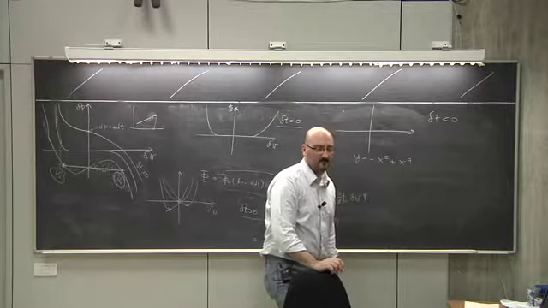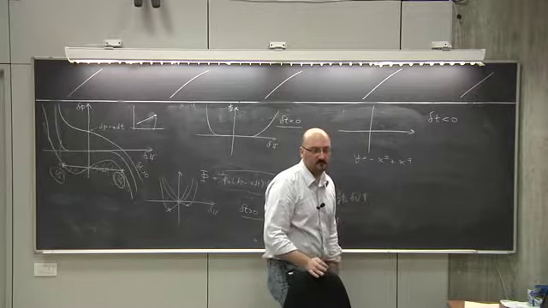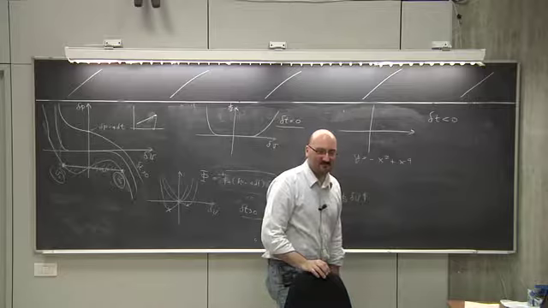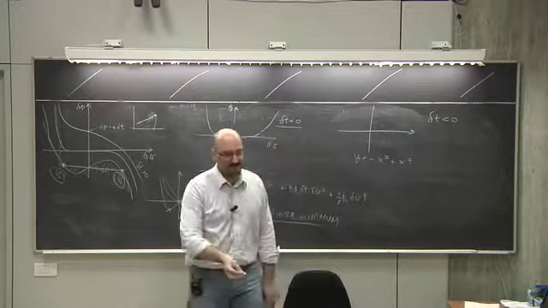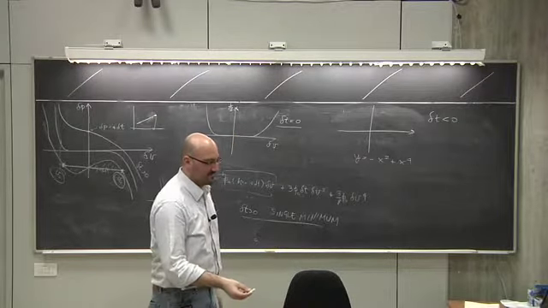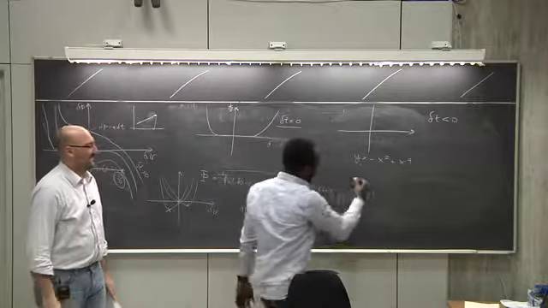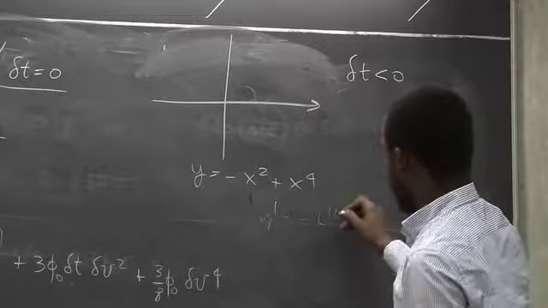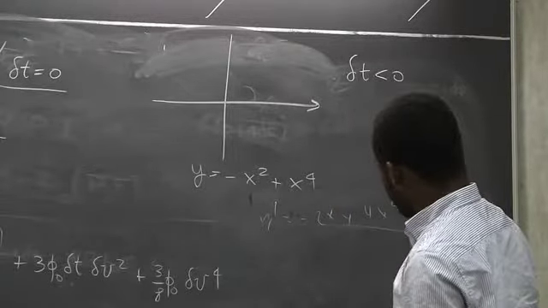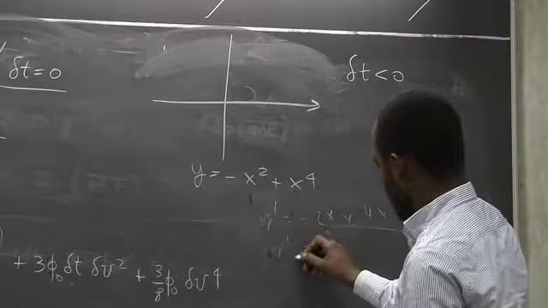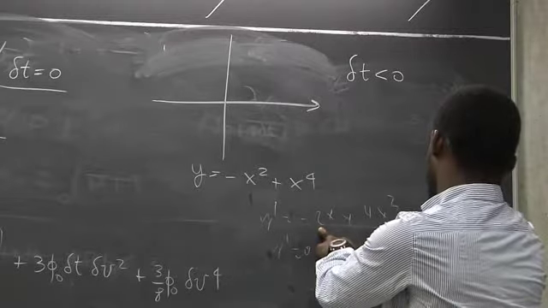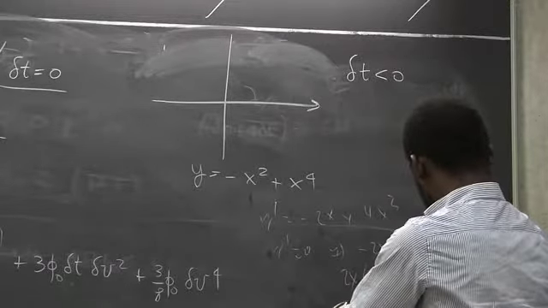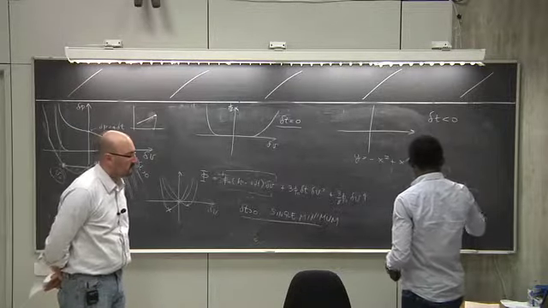The first derivative at 0 is 0. So this is my function, and its first derivative is minus 2x plus 4x cubed. Setting it equal to 0, I get 2x squared minus 1 equals 0.